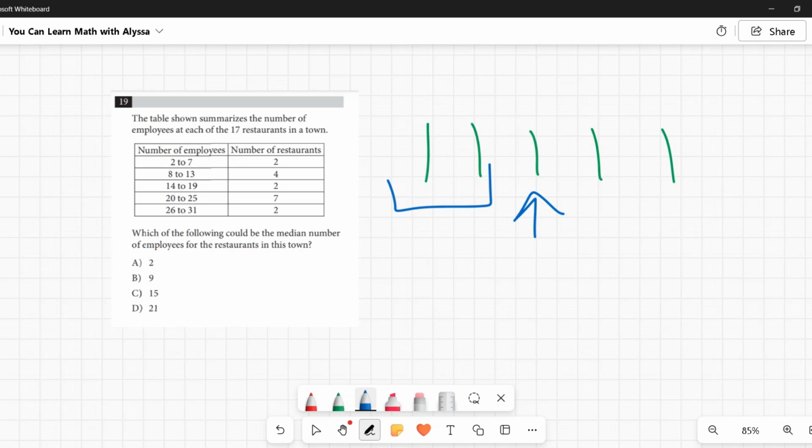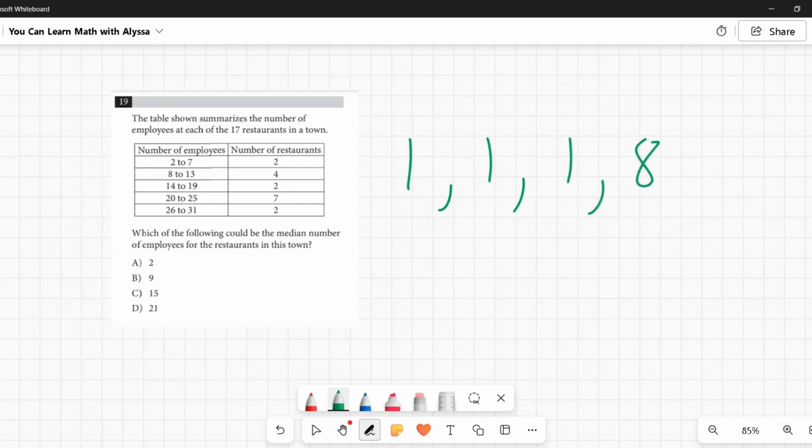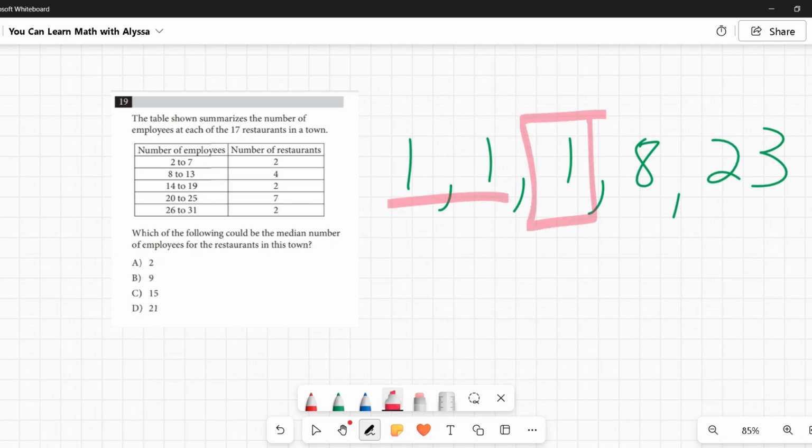That's the median. It doesn't mean it's the average, because you could have 1, 1, 1, 8, 23. 1 is the median because it's the number that's physically in the middle of that list.